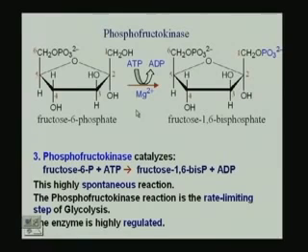Third step, look at what is happening. We had fructose 6 phosphate go to fructose 1,6 bisphosphate. So, what is happening? I have the addition of another phosphate at the 1 position. So, what is the enzyme that I need? A kinase.